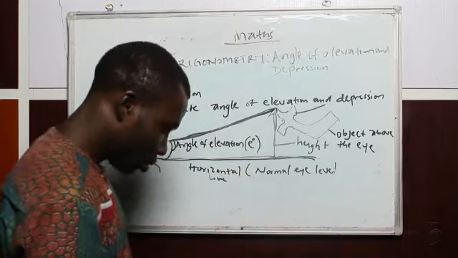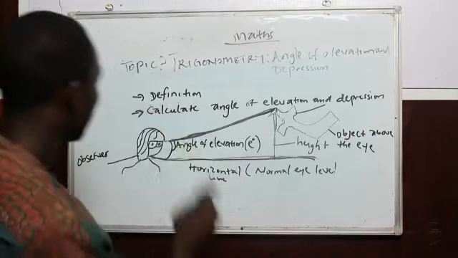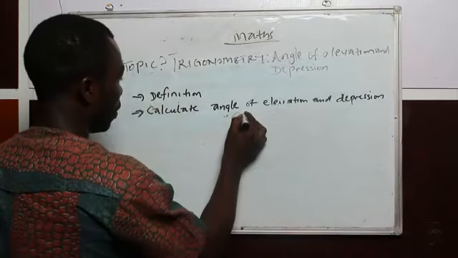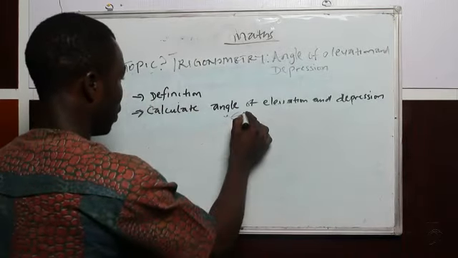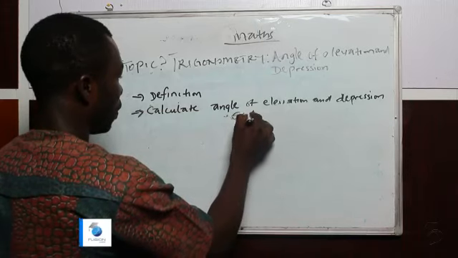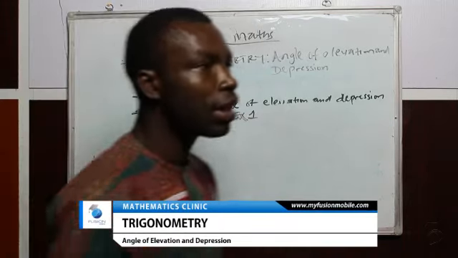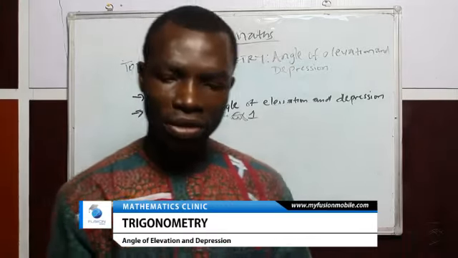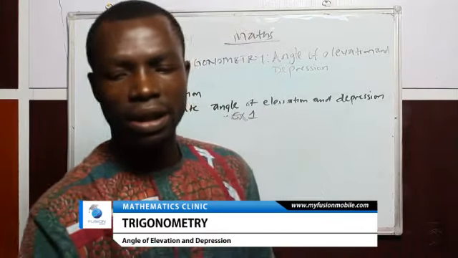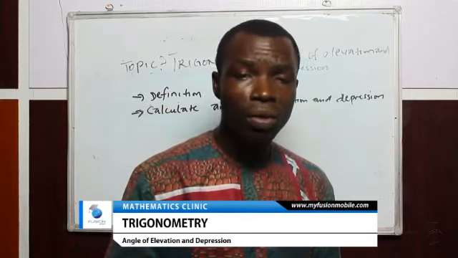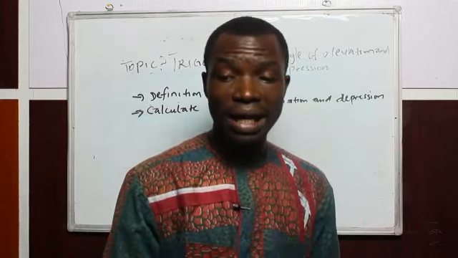I want us to draw the diagram so that we get what we are saying. Now, it says a man is at the point 18 meters away from the tree, and from that point, the angle of elevation of the top of the tree is 29 degrees.